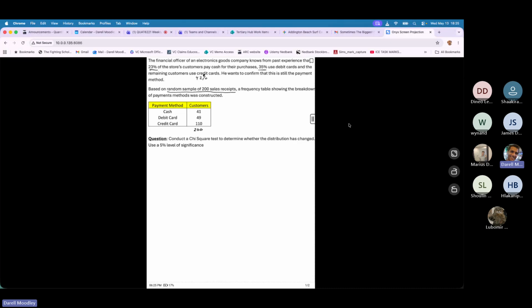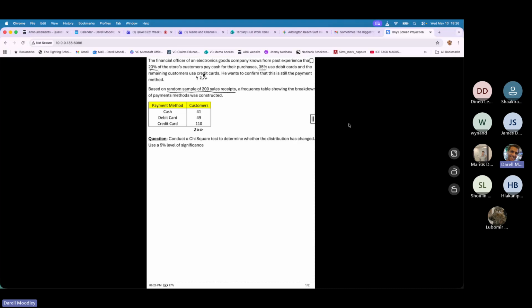Now the question comes. Conduct a chi-square test to determine whether the distribution has changed. Just like in the example before, when I explained how the distribution of vehicle types can change, here we're looking at payment methods, how clients pay. This kind of test is quite valuable in industry because it guides you on whether to change the way you operate your business.